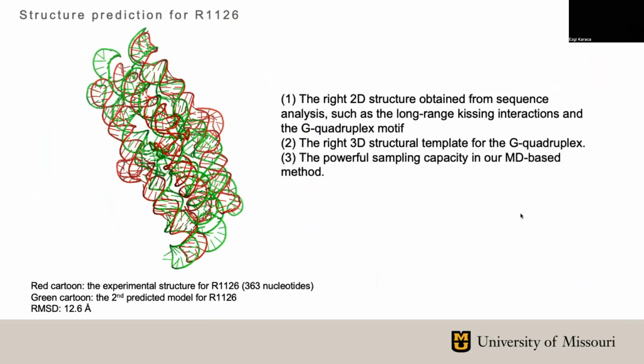We think the success story for this target is that the 2D structure is accurate. The 2D structure is accurate because first, the good physical model, and second, we use the sequence alignment to identify the G quadruplex. Otherwise, we would never be able to find this G quadruplex.